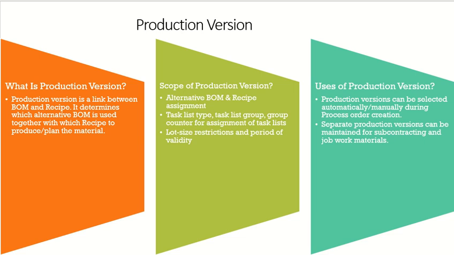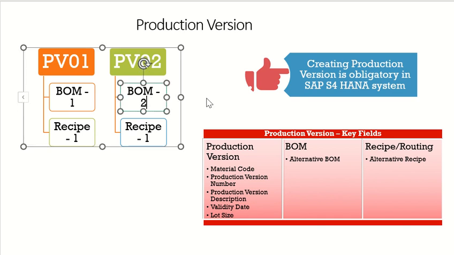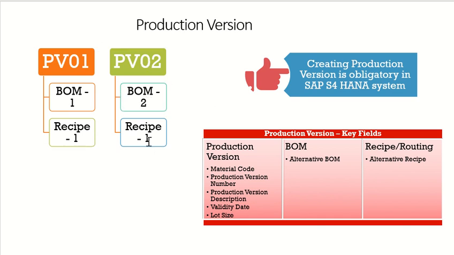Here is an example of production version. Here we create two production versions, production version 1 and production version 2. If you see BOM 1 with recipe 1, this is production version 1. And if we want to create production version 2, then there are different components, and with the different components we have the same recipe, then it will be production version 2.